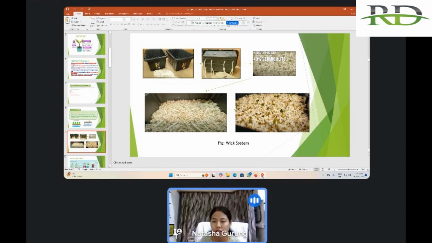Why have we taken this media? Because it can hold more water and give it to the plant. Here we have put the wick and underneath we place the nutrient rich solution, and the wicks absorb the nutrients and give them to the crops. And this is the picture showing the germination of seeds through the wick system. So I think the wick system is clear, right?